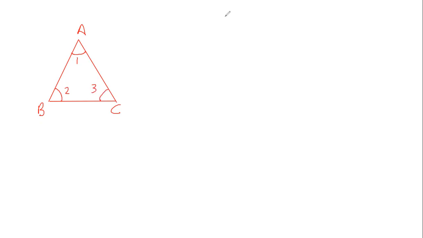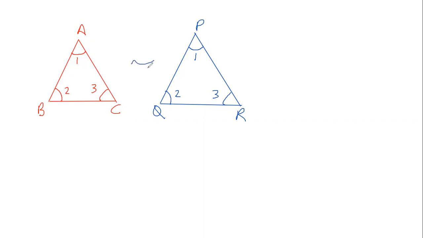And if I take another triangle, which has the vertices PQR, let's say this is P, this is Q, this is R. And if I say the angle measures are equal, let's say this is angle 1, this is angle 2, and this is angle 3. So I know all three angles in the first triangle are equal to all three angles in the other triangle, so I can say that both triangles are similar.